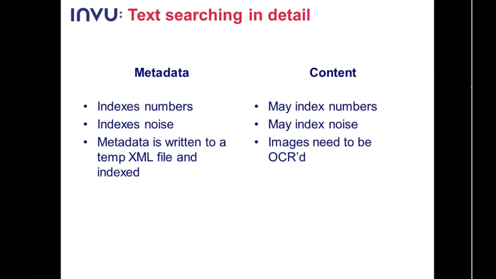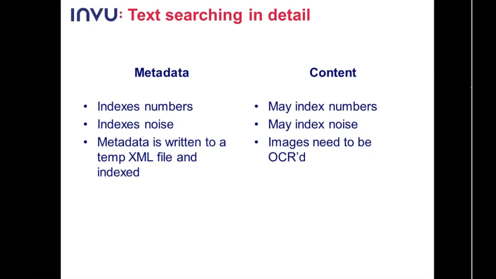Generally, indexing numbers and noise words for metadata isn't really an issue because the overall size of the index is a lot smaller, because the metadata really relates to the fields and document references within Invu. The content, however, because the index contains all words that are OCR'd on the document, and if we index noise and numbers, that just adds to the overall amount of text and data that needs to be indexed.